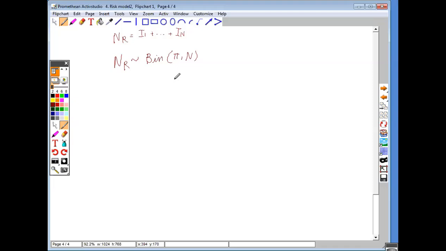Okay. So let me, I guess it just looks a bit confusing. So let me remind you guys what we previously did. We had x1 plus x2 up until xn, and this was equal to s. If my n had Poisson with lambda and my x had gamma distribution with some alpha and some lambda, what happened to s? What was my distribution for s?